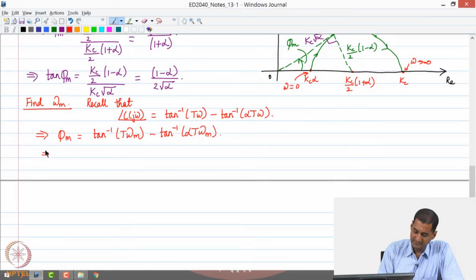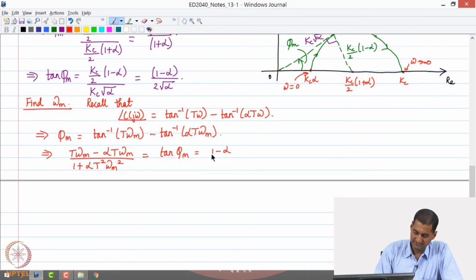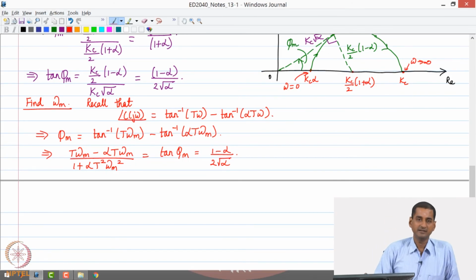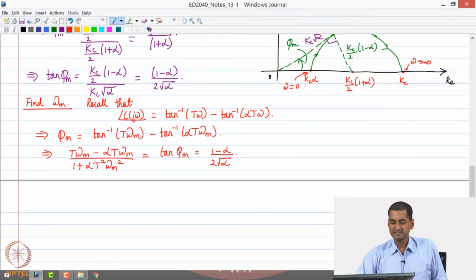So, this will immediately tell us that t omega m minus alpha t omega m divided by 1 plus alpha t square omega m square is going to be equal to tan phi m, which is nothing but 1 minus alpha divided by 2 times square root of alpha. We are just using the trigonometric identity which relates tan inverse of a minus tan inverse of b.